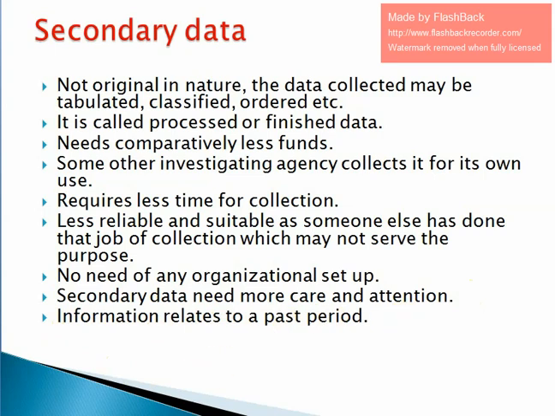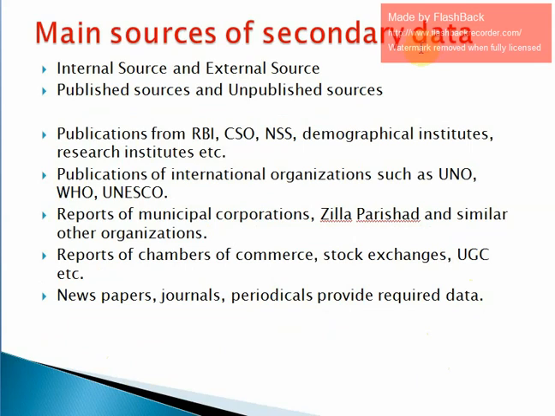There are various ways of getting secondary data. There are two main sources of secondary data: one is internal source, the other is external source. Internal means, suppose there is a big organization using its information for its own purpose.